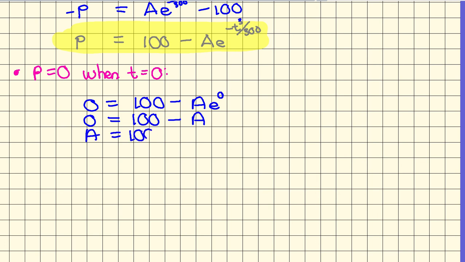A is going to be 100. Okay, so what we're going to do is sub that back into our particular solution. No, sub that into our general solution, so this now becomes our particular solution. So 100 minus 100 e to the power of negative t cubed over 300, and that's our particular solution here.